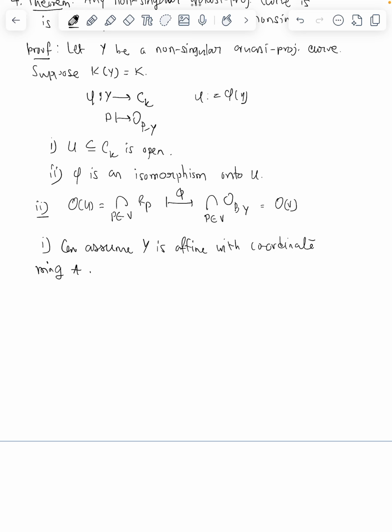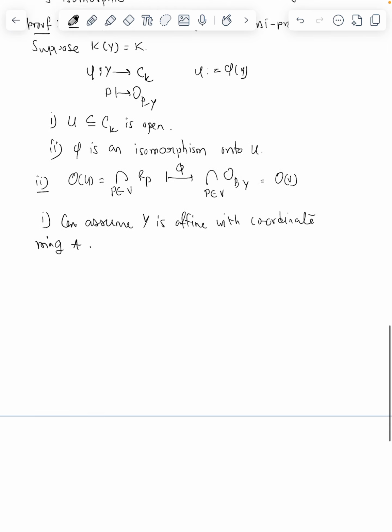So A is a finitely generated K algebra, and K is the fraction field of A. That follows from basic properties of affine varieties. Now suppose A is generated by x1 to xn as a K algebra.